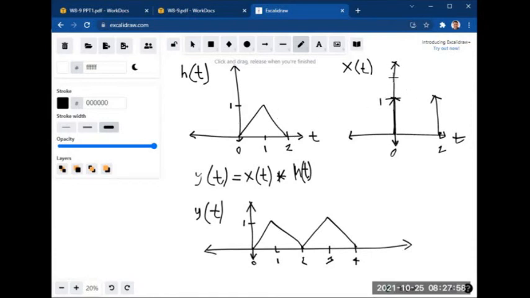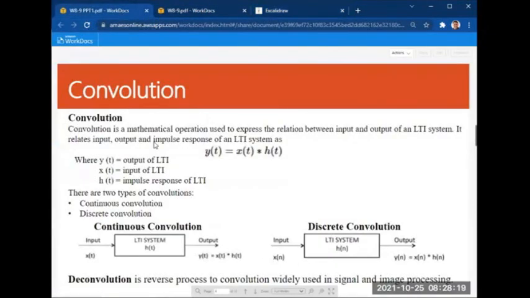The input signal activates the impulse response, and the convoluted signal is the output of the interaction between our input and impulse response. Okay, so let's proceed. I will switch between the module and the PowerPoint presentation.